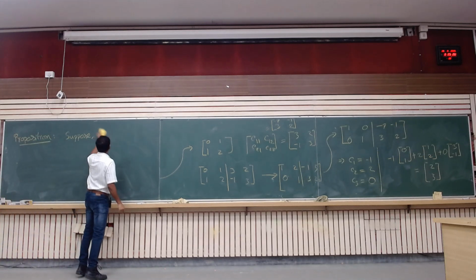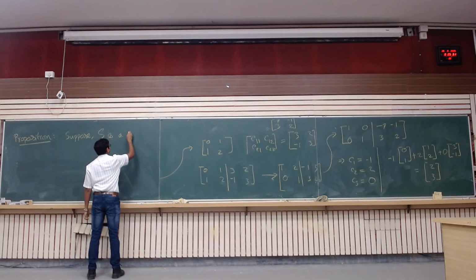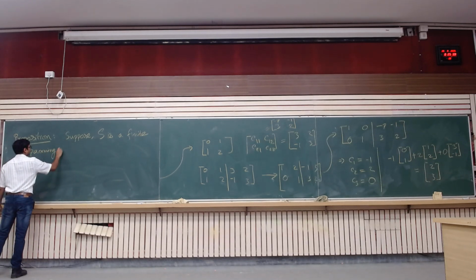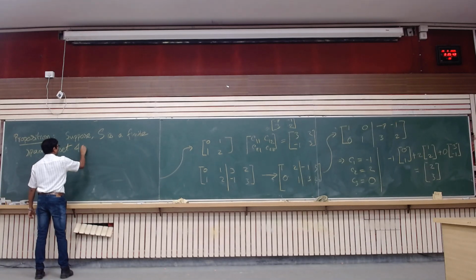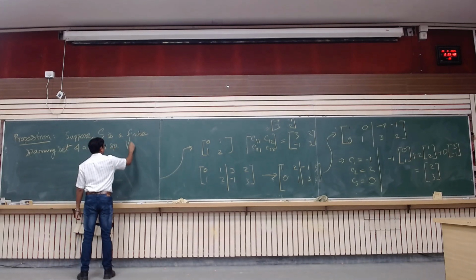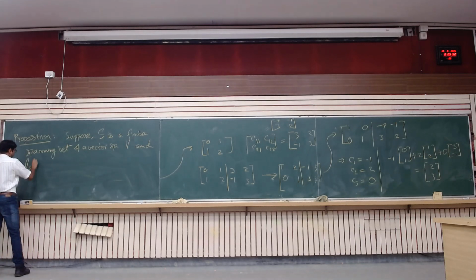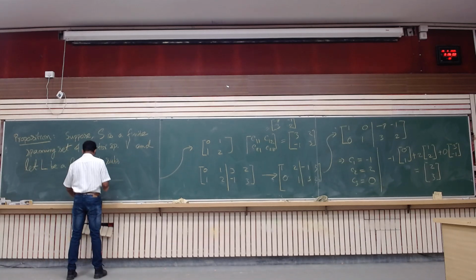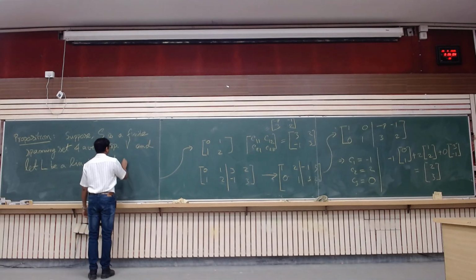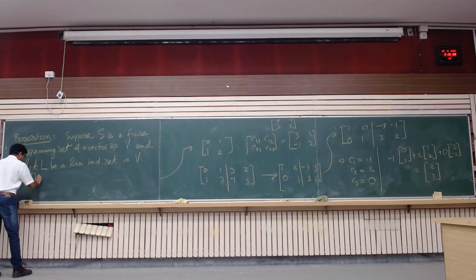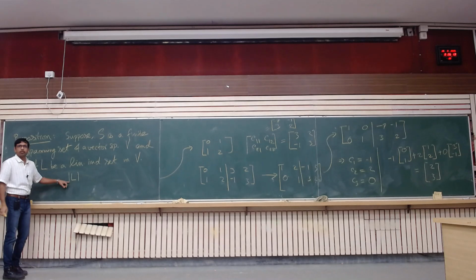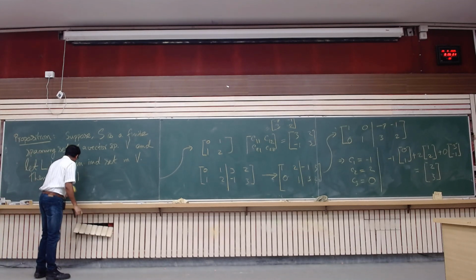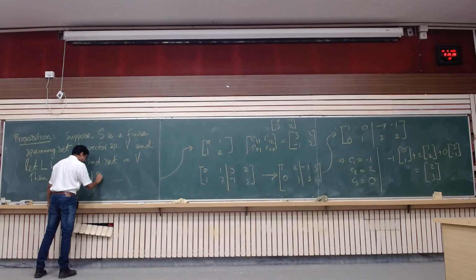Suppose S is a finite spanning set of a vector space V, and let L be a linearly independent subset in V. Then the cardinality of L is less than or equal to the cardinality of S.